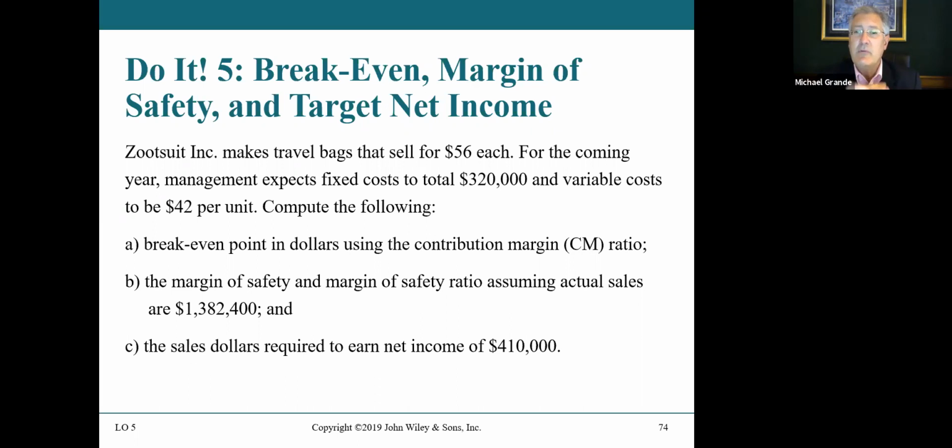The break-even point in sales dollars equals fixed cost divided by the contribution margin percentage. So in this case, it's the $14 of contribution margin per unit divided by the sales price of $56.